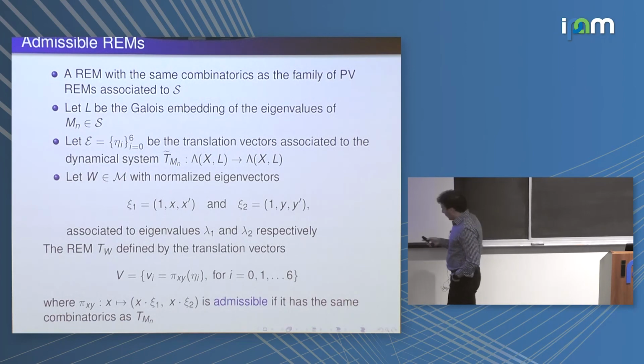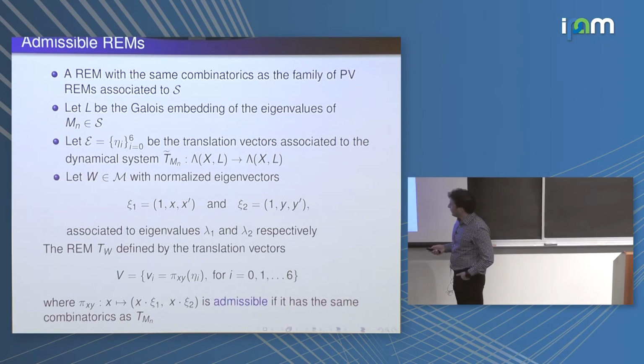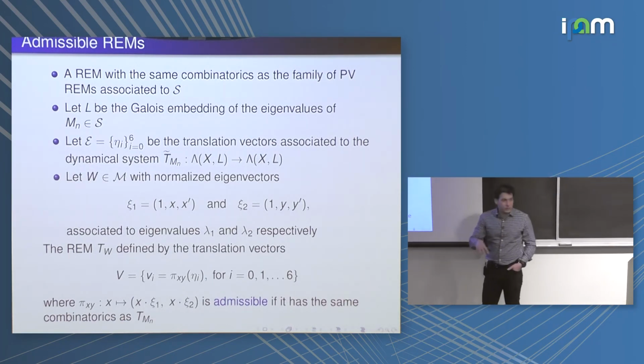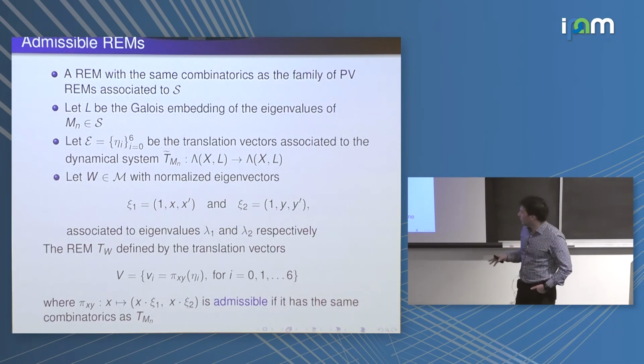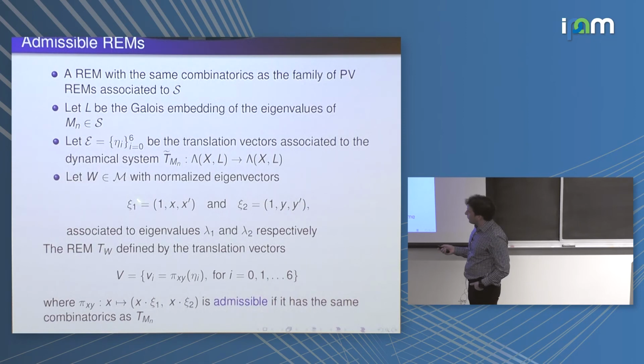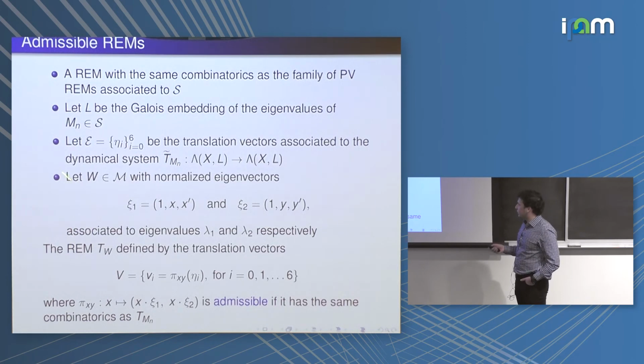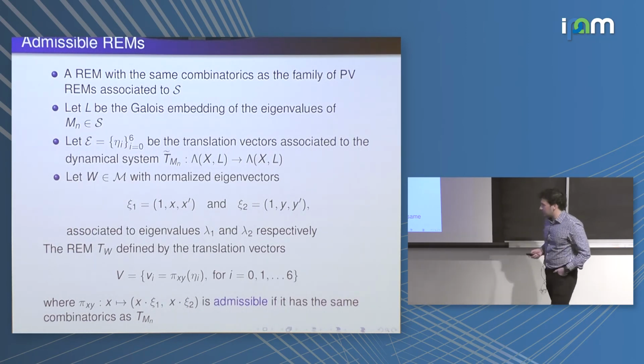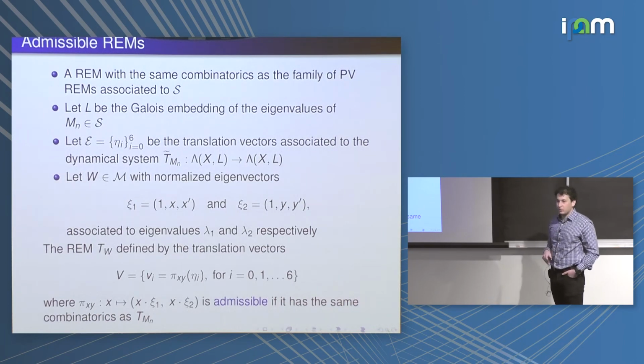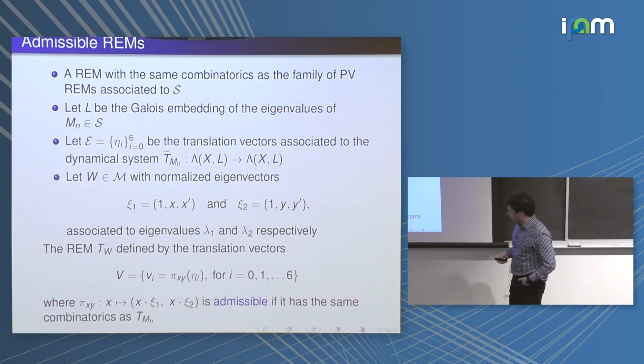And then what we're going to do is project them onto the xy plane with kind of funny projections. So I take my matrix W in the monoid, and I take the eigenvectors xc1 and xc2 associated to the eigenvalues lambda 1 and lambda 2, and I normalize them so that their first coordinate is 1.